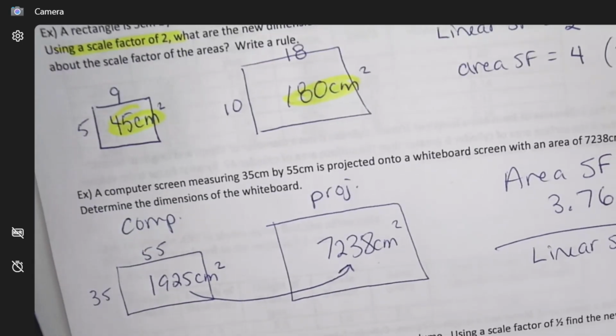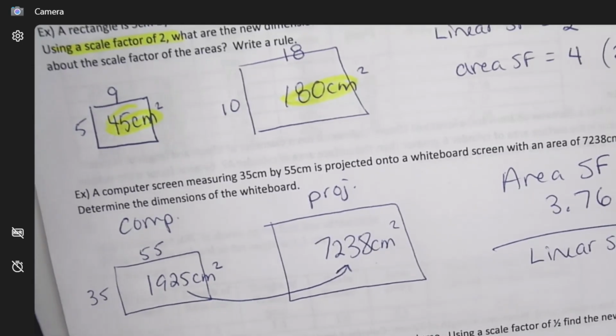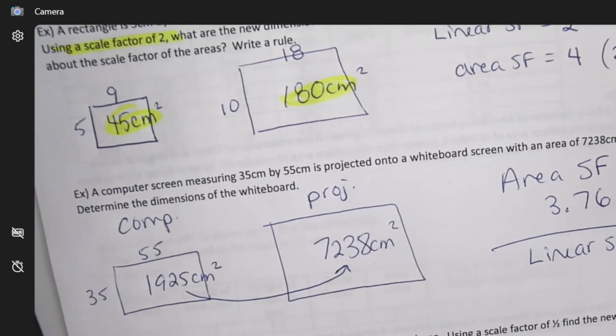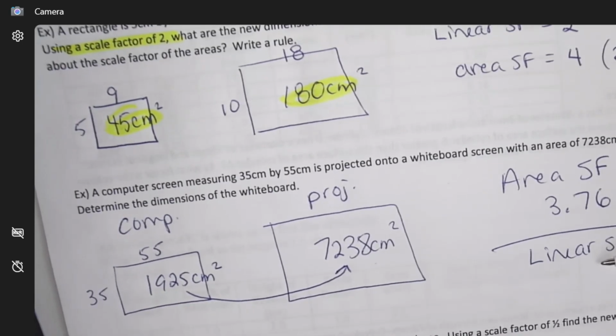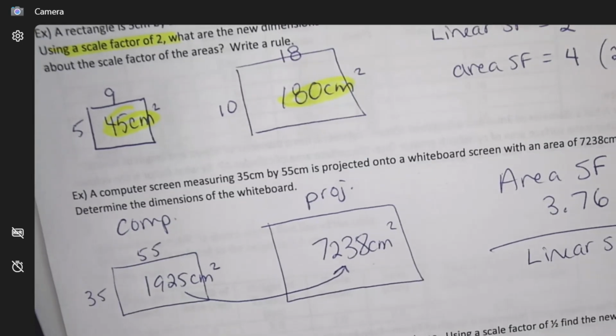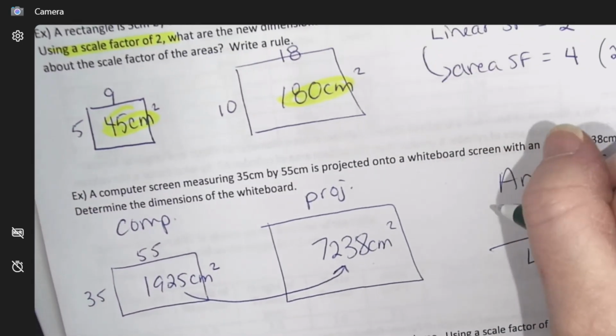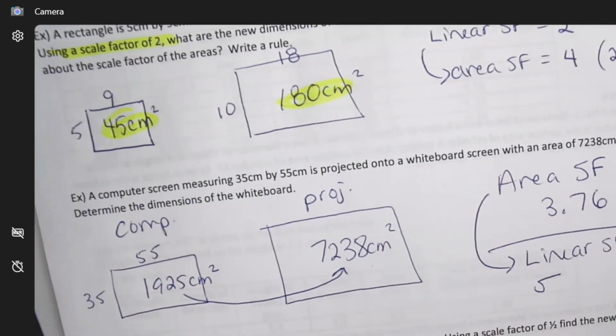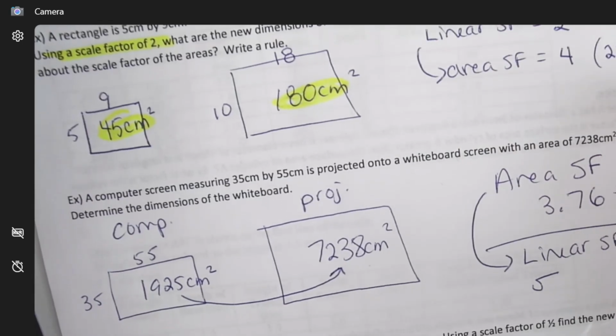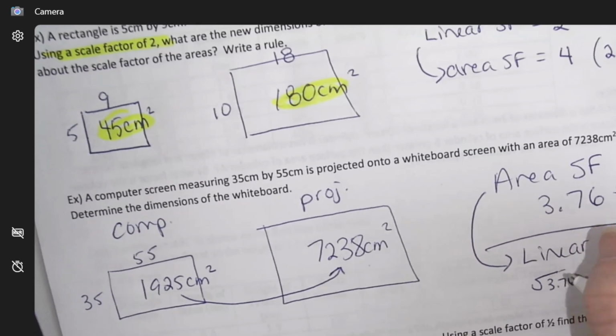What could I do if I have the area scale factor and want to get to this linear? What would you do instead? Because these are opposite of these, right? We went from linear to area, now I'm going from area to linear. So what are you going to do instead? You're going to square root, because here I squared to get that, so I'm going to square root to get this.